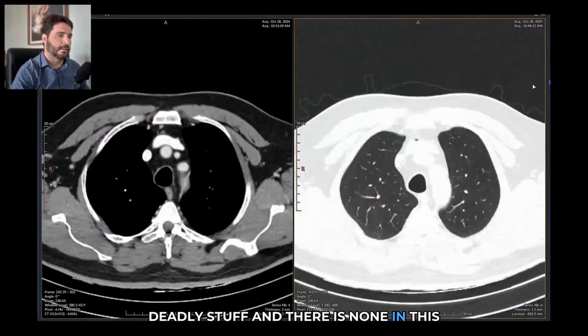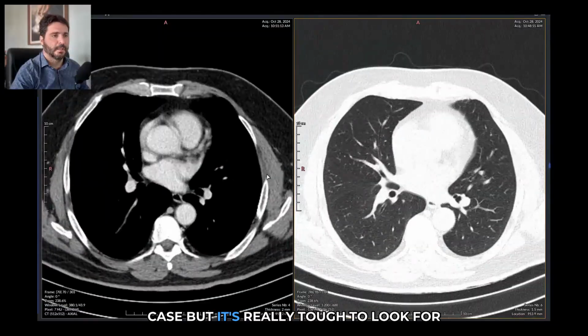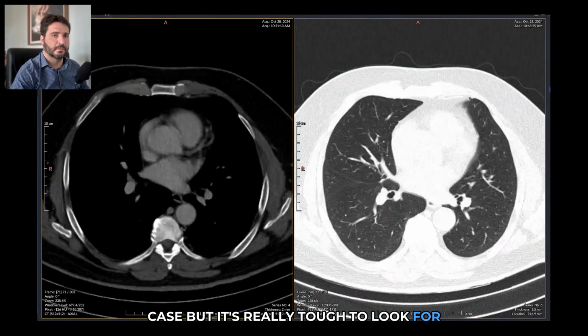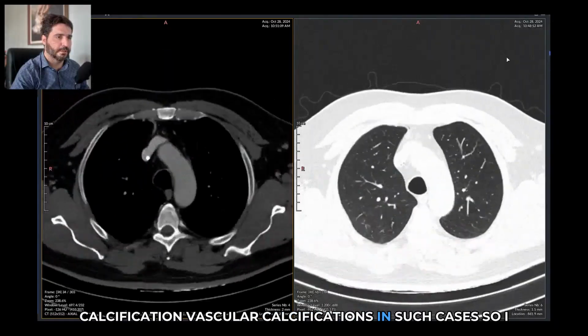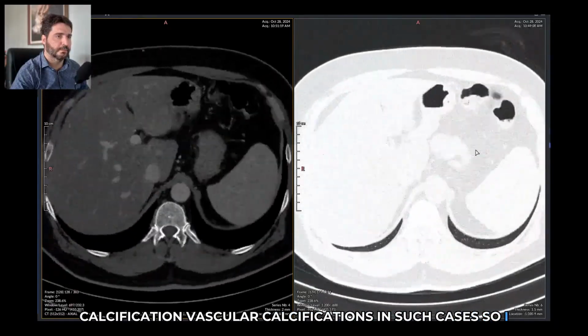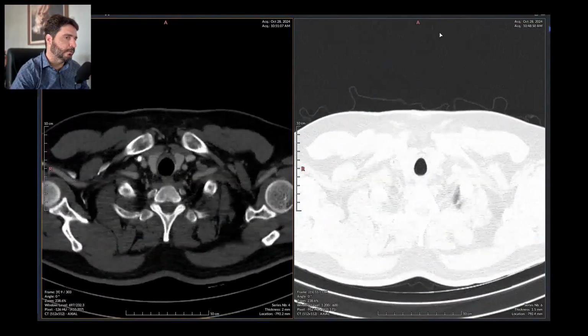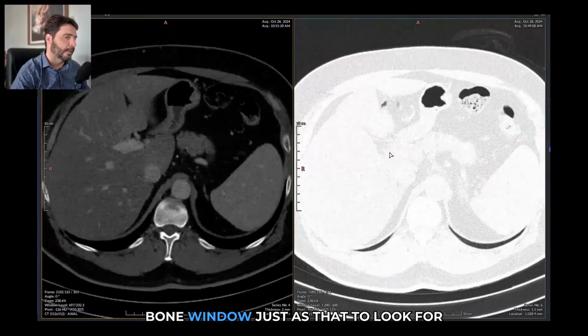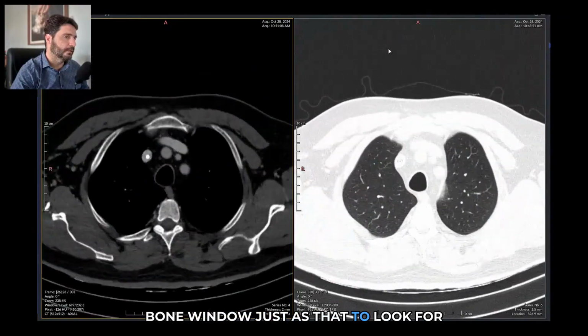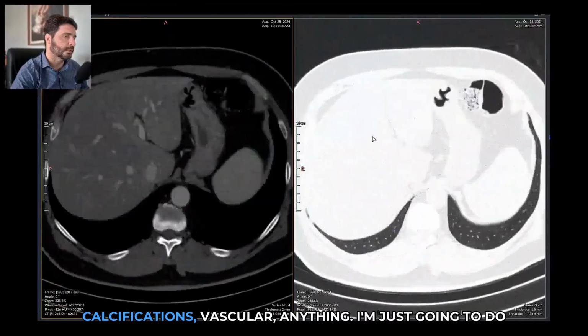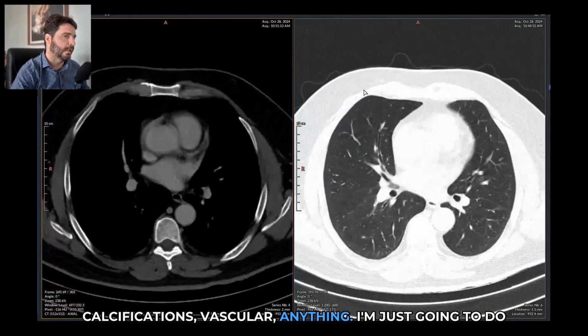And there is none in this case, but it's really tough to look for vascular calcifications in such cases. So I have to go for a bone window, just as that, to look for calcifications, vascular, anything.